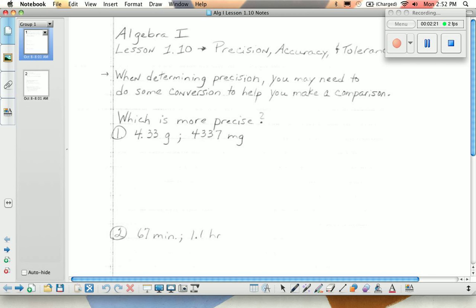So does anybody happen to know how many milligrams there are in a gram? If I want to take the milligrams and change them into grams, what would I do? Well, we could use a conversion factor. Remember our conversion factors? We want the milligrams to go away so that we can change it into grams and compare it to the other one. So there's 1,000 milligrams in a gram, right?